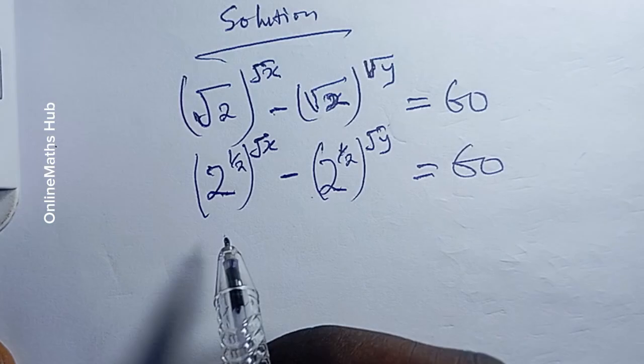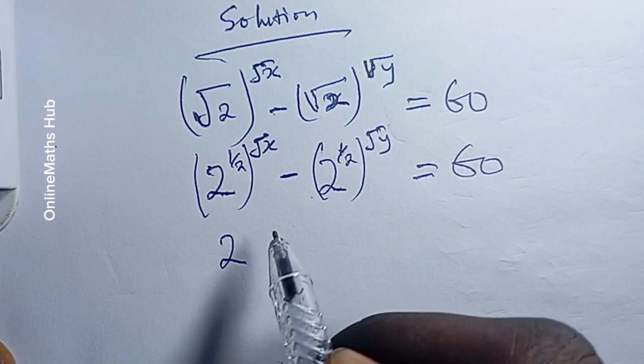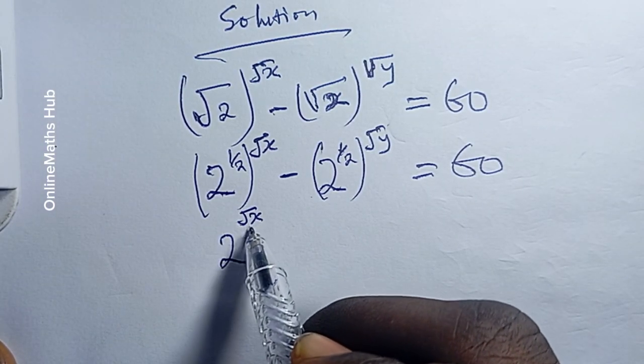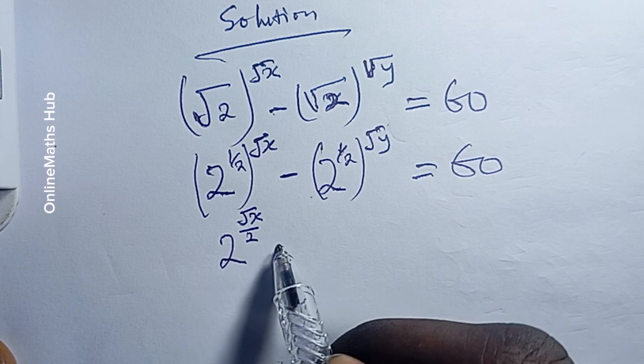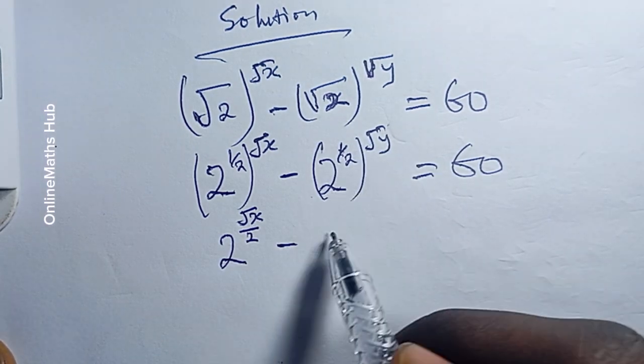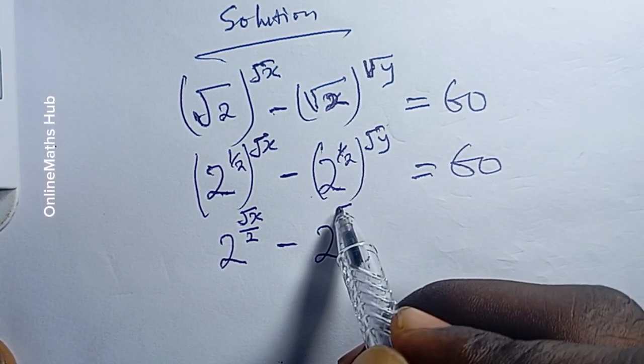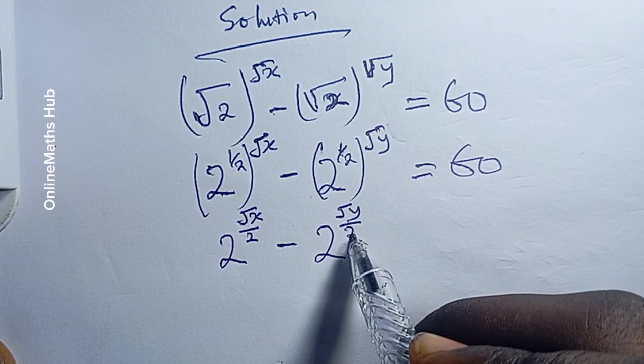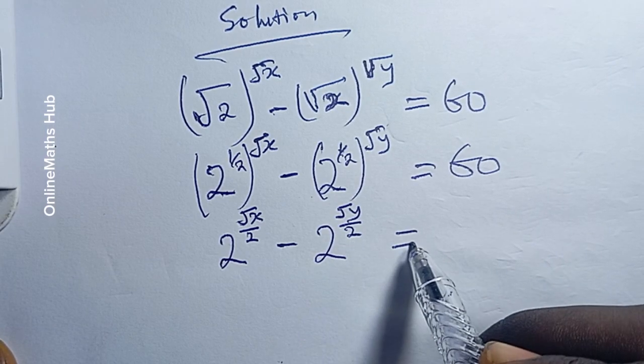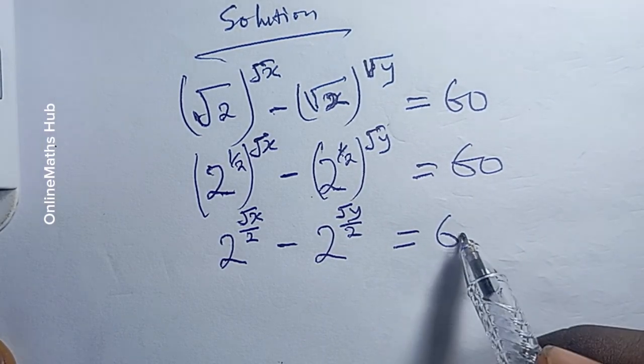If I multiply the powers, I am going to have 2 power root x divided by 2, minus 2 power root y divided by 2, and of course it's equal to 60.